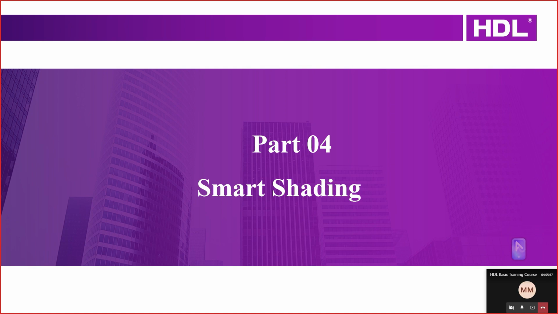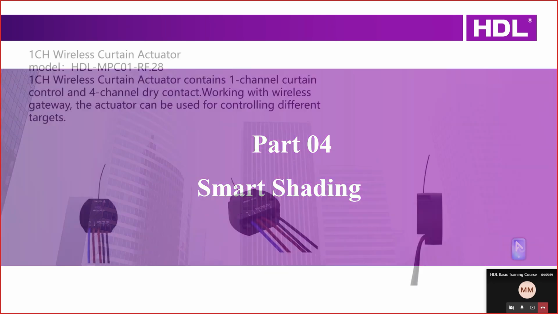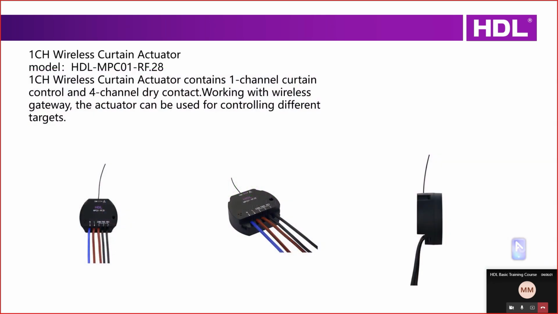Now let's move on to our smart shading. This 1-channel curtain actuator contains only 1-channel curtain control and the 4-channel dry contact. The picture is not big enough. This is the dry contacts.